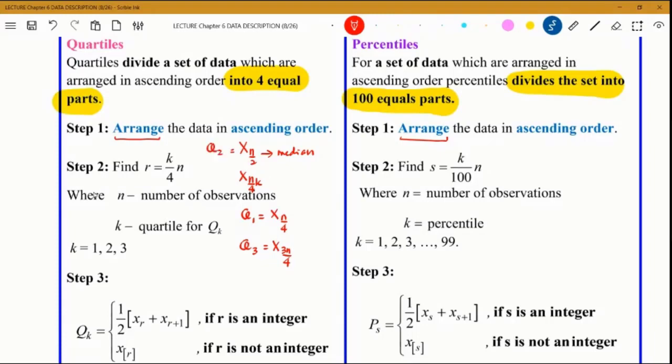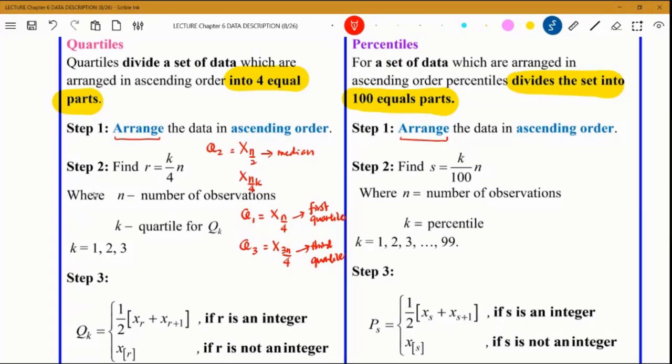So we only have 3, 1, 2, 3. So first quartile, which is Q1, N over 4. And then second quartile, we call it the median. And then the third quartile, which is 3N over 4.